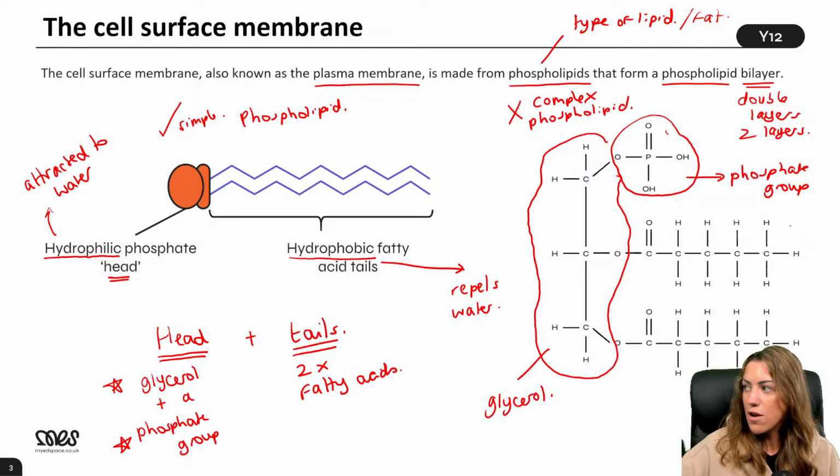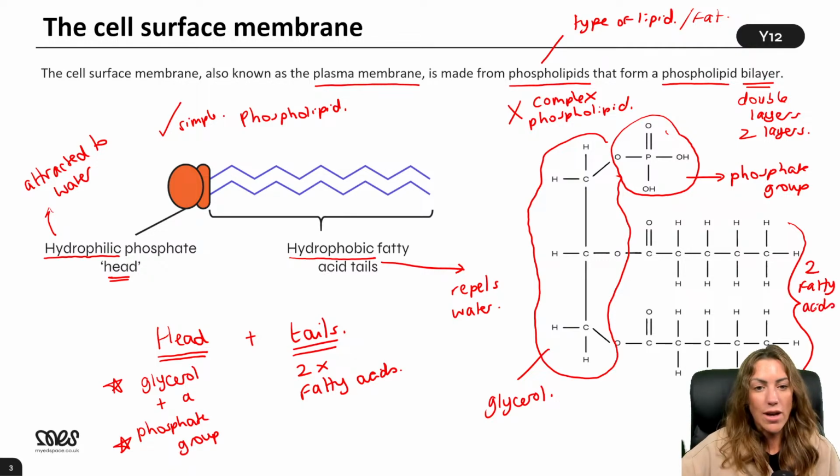And then you can see over here, sticking out, we've got our 2 fatty acids. So the glycerol and the phosphate group make the head, the water-loving or the hydrophilic head, and then the 2 fatty acids make the tails.